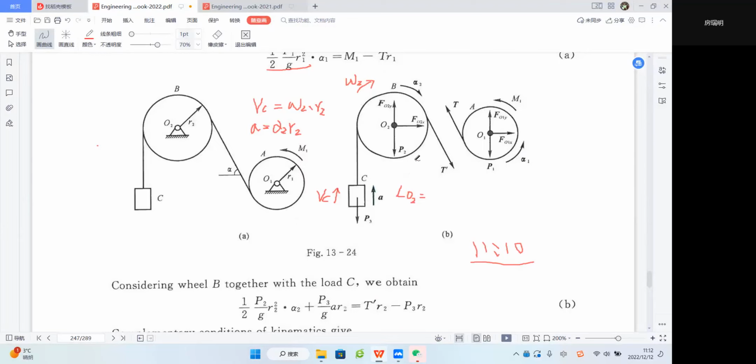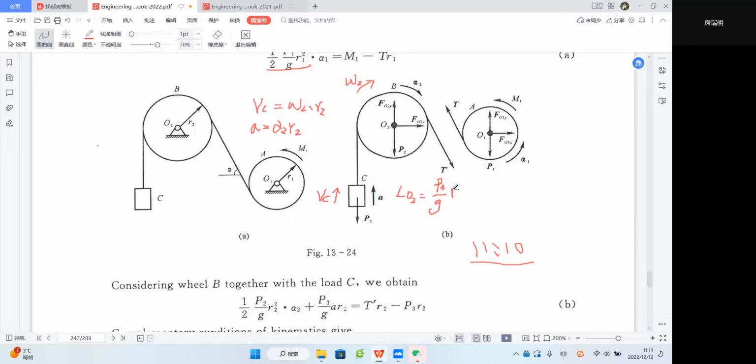So here we try to write the angular momentum. Do you guys still remember what angular momentum is? So for this one, we have P3 over g, which is M3, times v, right?